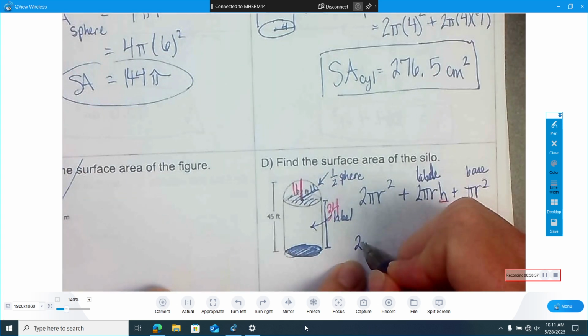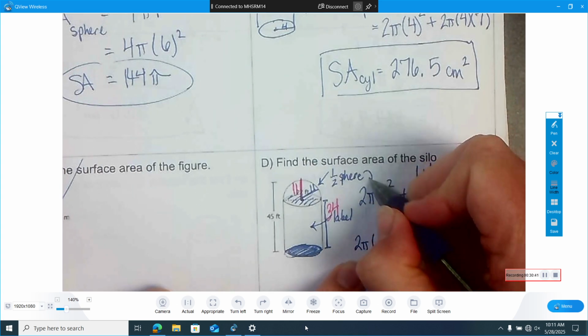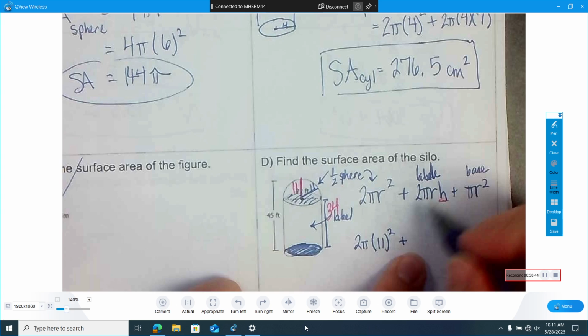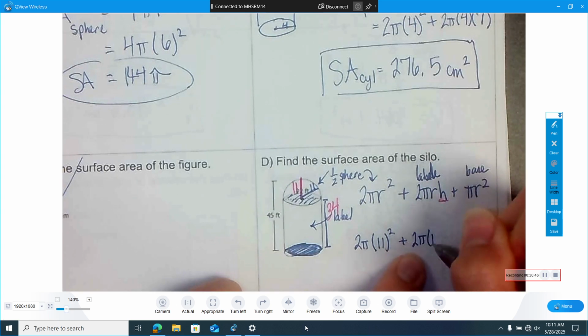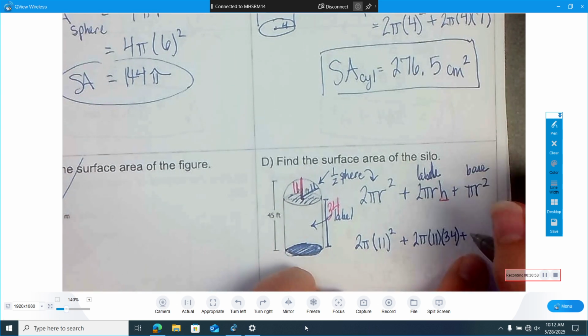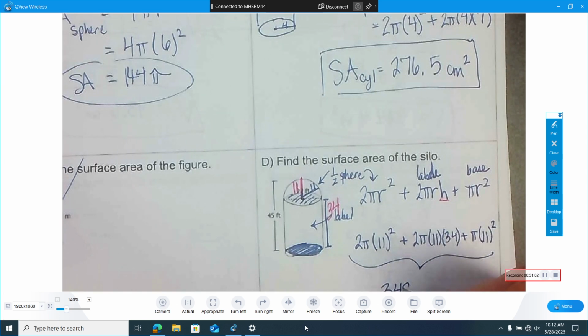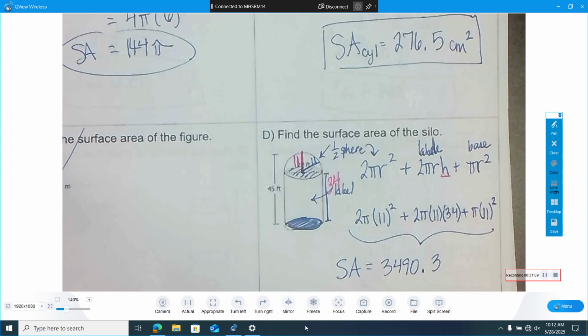So we have 2 times pi, our radius is 11, that is the half sphere. And then our label is going to be 2 pi times 11 times a height of 34. And then our base circle is pi times 11 squared. And if we add all of that up, we're going to get 3490.3 for the surface area of that composite figure there.